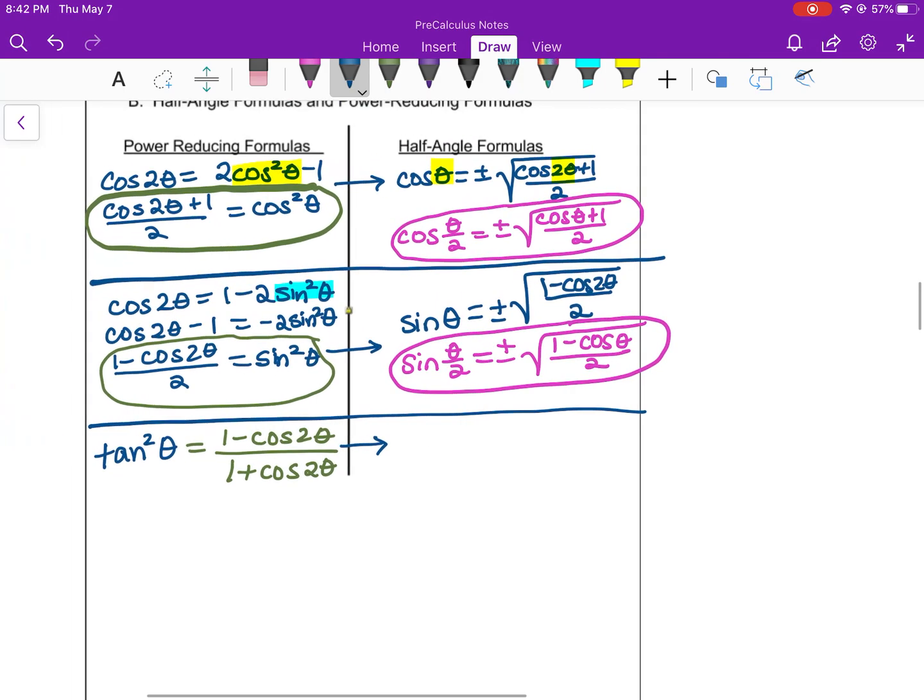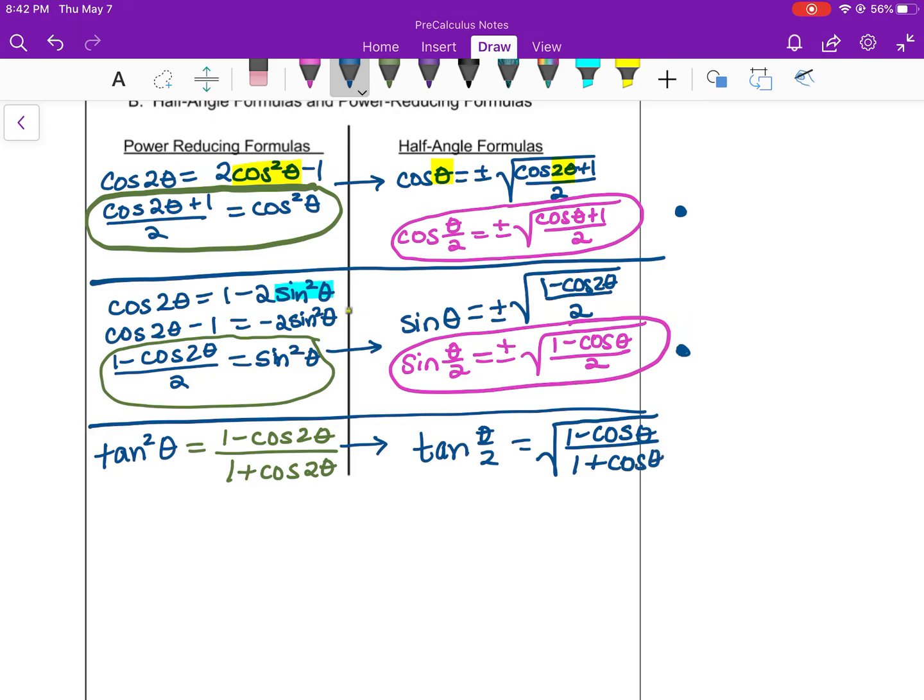Or you can look at it as taking the sine squared here divided by the sine of theta over 2 here divided by the cosine of theta over 2 here. So tangent of theta over 2 is going to be, let's see, if I put the square root over the square root, the sine would be 1 minus cosine theta divided by 1 plus cosine of theta.